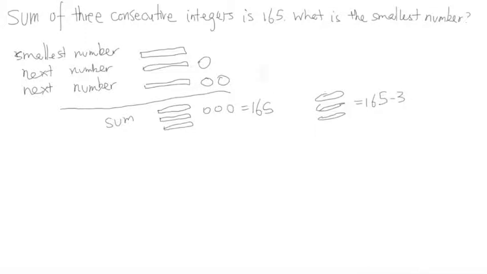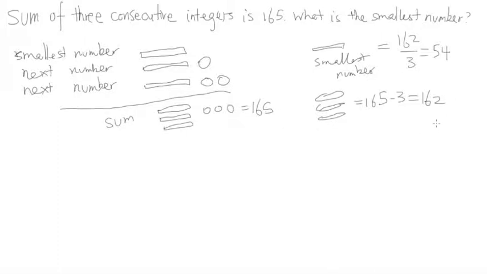We have one more, two more, three more. Take away the 3, you get 162. So what's the smallest number? That's just 162 divided by 3, which is 54. So the three numbers are 54, 55, and 56.